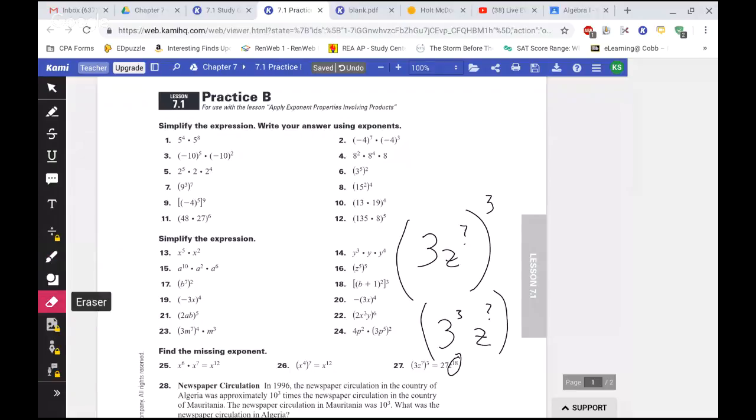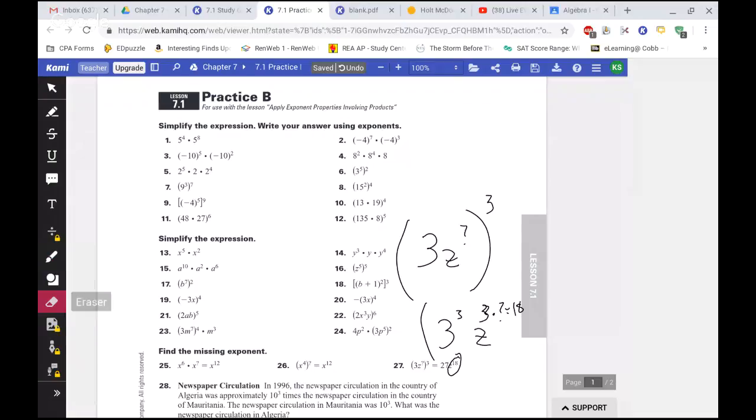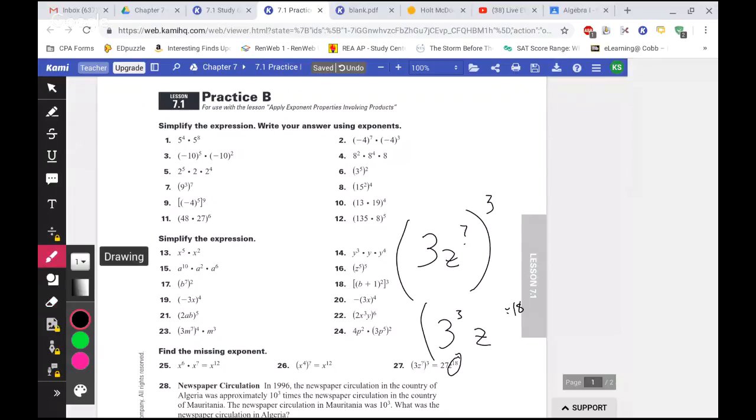Actually, let me do it this way. Three times question mark equals 18. What do I have to multiply 3 by to get to 18? 6. Yep. So question mark on that one equals 6.